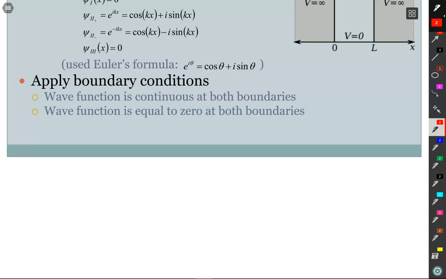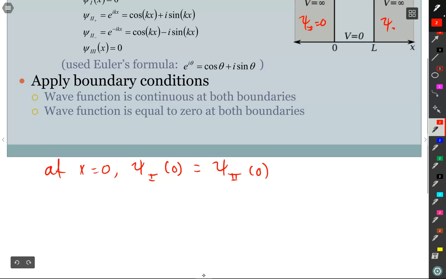So applying the boundary conditions at x equals 0, psi 1 of 0 equals psi 2 of 0. Well, we had already identified that psi 1 was equal to 0 and psi 3 was equal to 0.